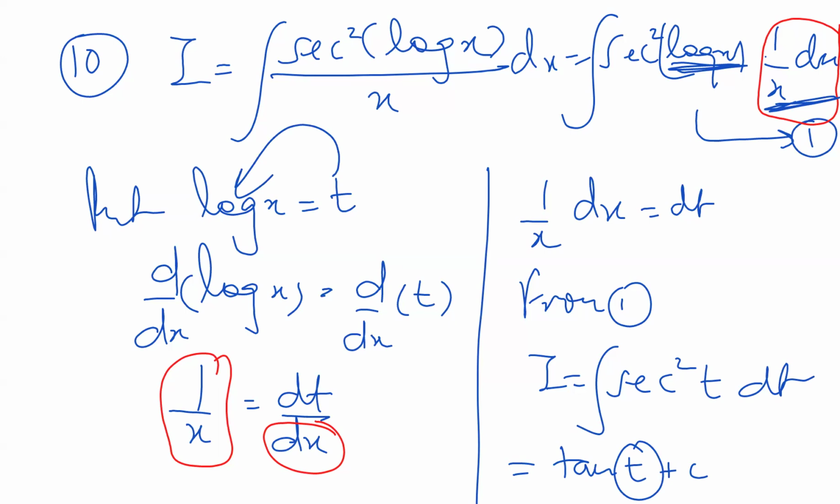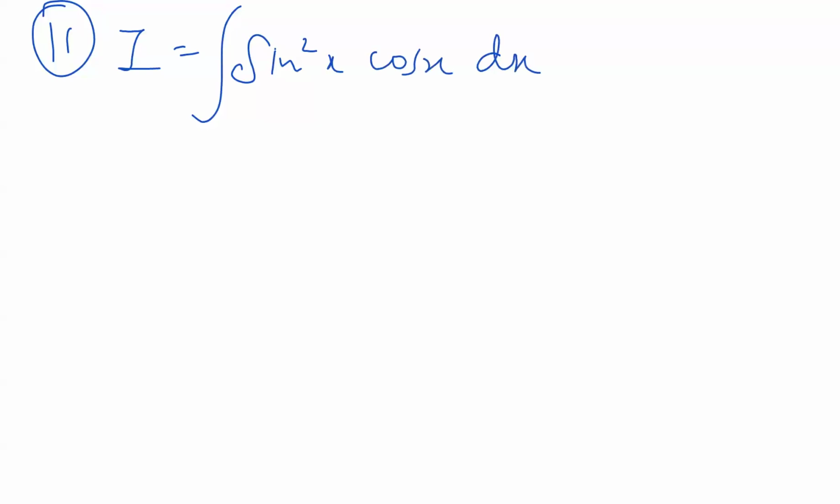Okay. Let's go to question number 11. Integration of sin square x cos x dx. Now the derivative of sine is cos, which is present in the problem.